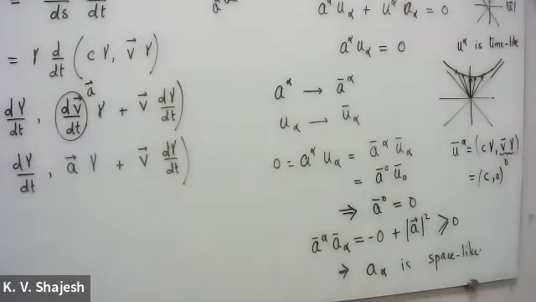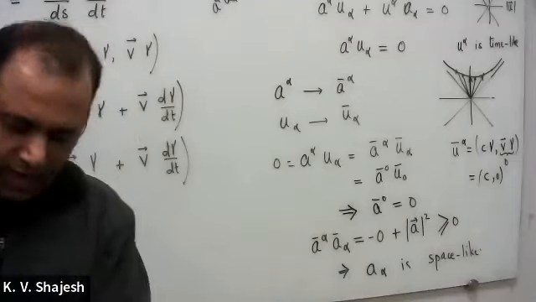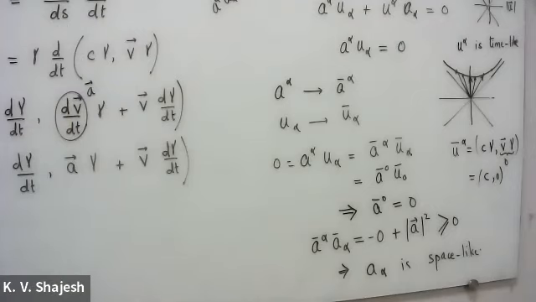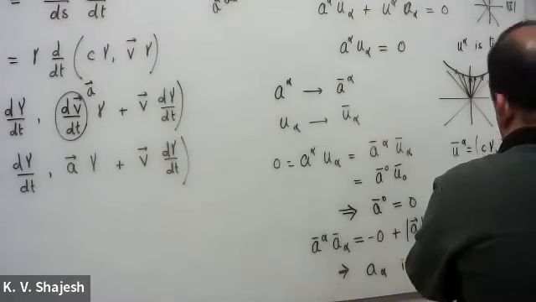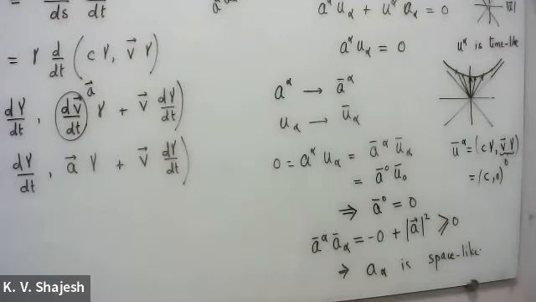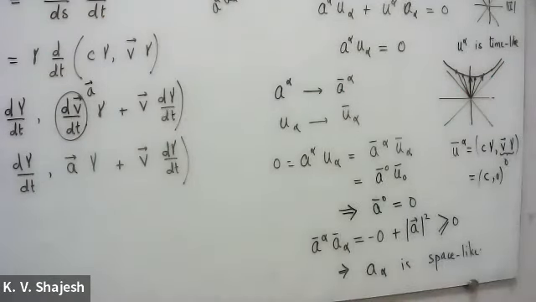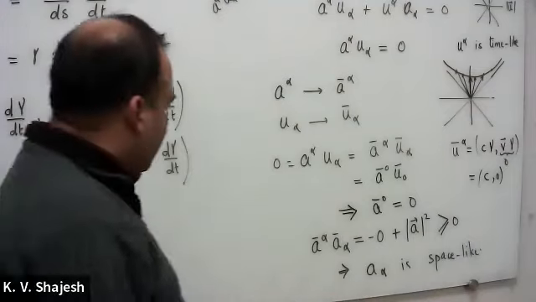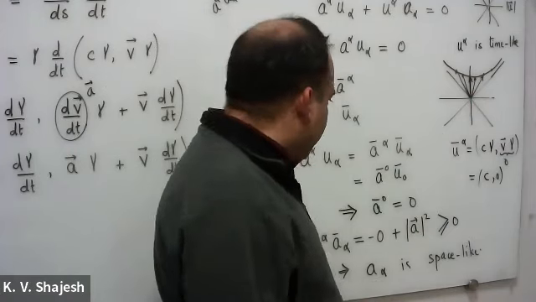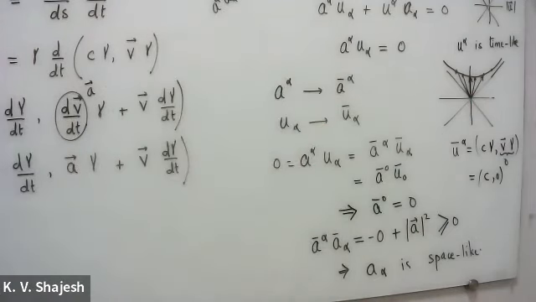You cannot have a time-like being orthogonal. So orthogonality in the Lorentz frames has this feature. They are not perpendicular, by the way. 90 degrees is not a very good reference in that the geometry is not of circular geometry, it is a hyperbolic geometry. Anyway, so now we know that acceleration is space-like.